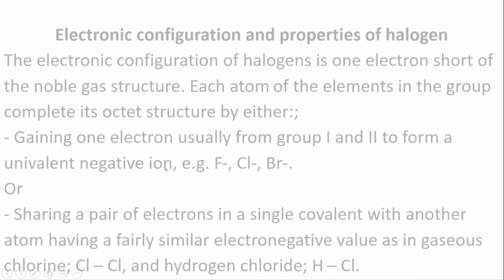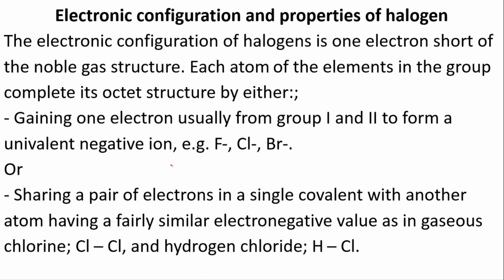Then we move to the next one, which is the electronic configuration and the properties of the halogens. The electronic configuration of halogens is one electron short of the noble gas structure. Each atom of this element completes its shell by either gaining or sharing electrons. You know what we're talking about here, either gaining or sharing electrons.